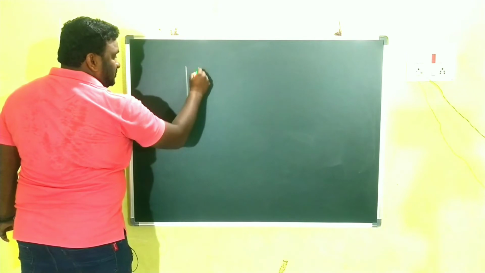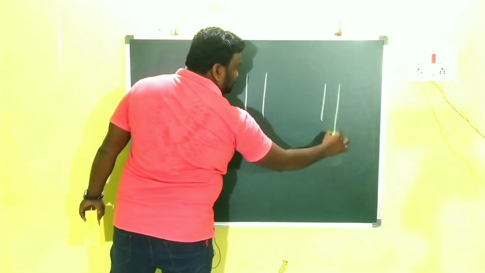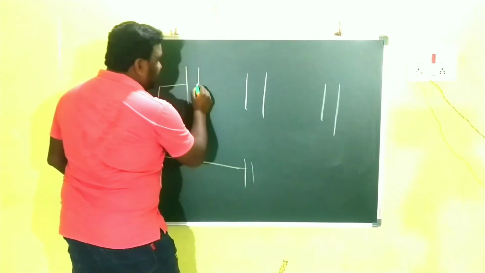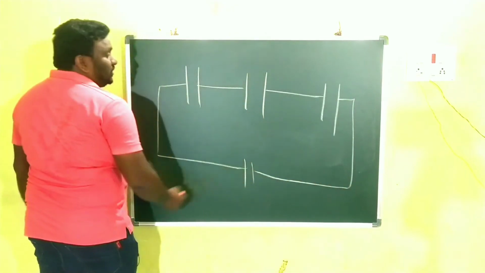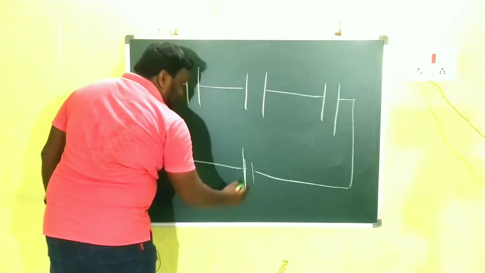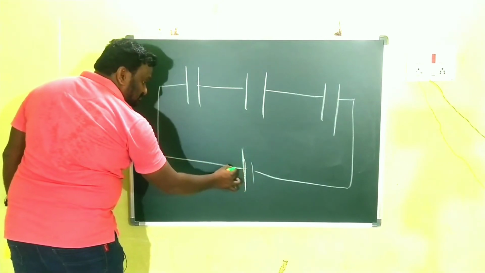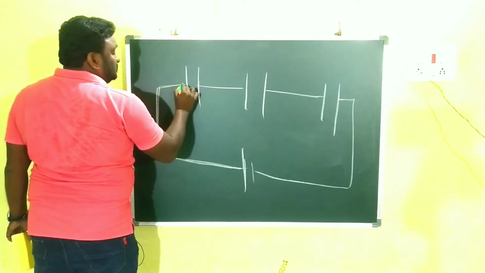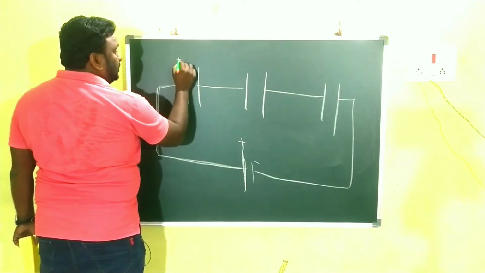Here, this is the first one, second one, and third one. They are now in series. You have to observe how the charge distribution takes place. This is the positive terminal, so it will send the positive charge to this one.